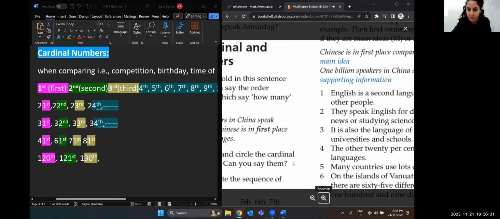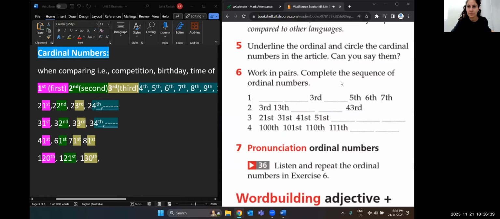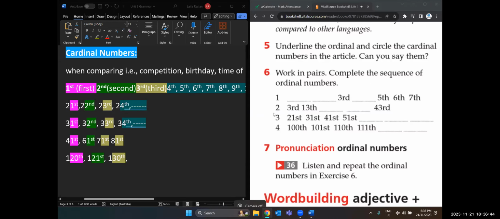Track 36, Unit 3C. 1. First, second, third, fourth, fifth, sixth, seventh. 2.